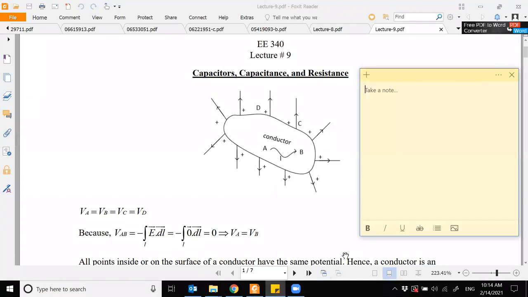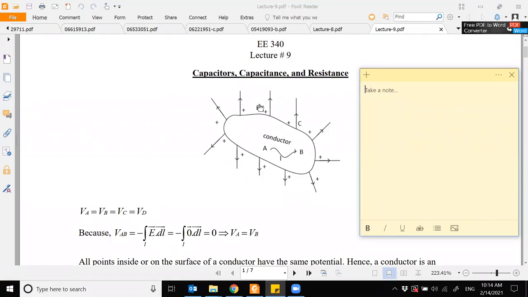I'm sorry, guys, the drawing is not that good, but we know that according to the boundary condition, the electric field must be 90 degrees to this conductor. So this is 90 degrees, this is 90 degrees, this is making an angle, but I'm sorry for the drawing, it should be 90 degrees.